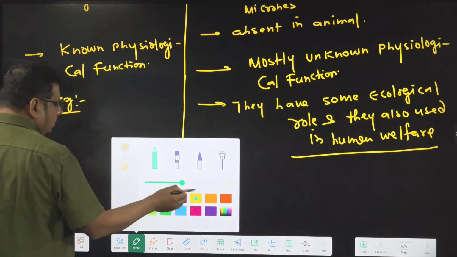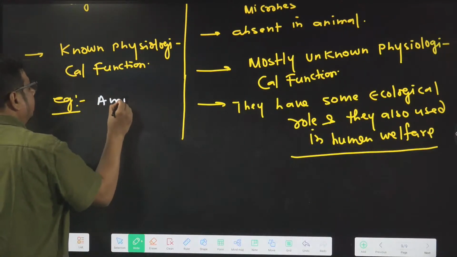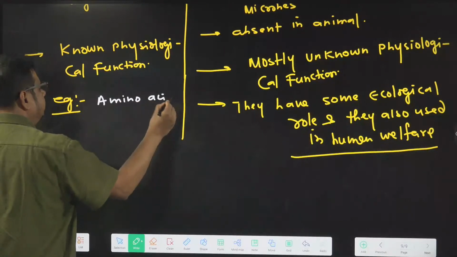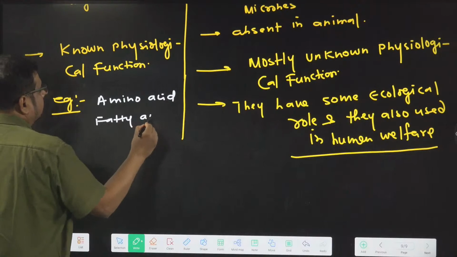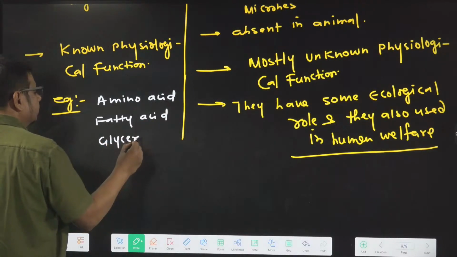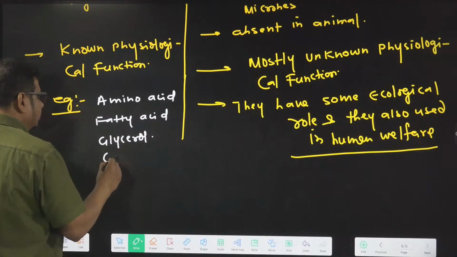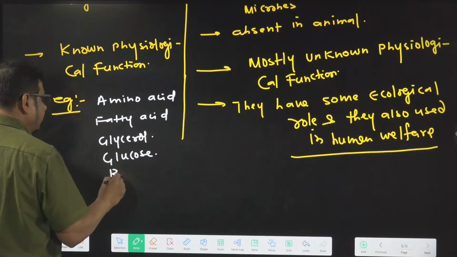Examples of primary metabolites I am writing. Example is amino acid. Example is fatty acid. Example is glycerol. Example is glucose. Example is ribose.